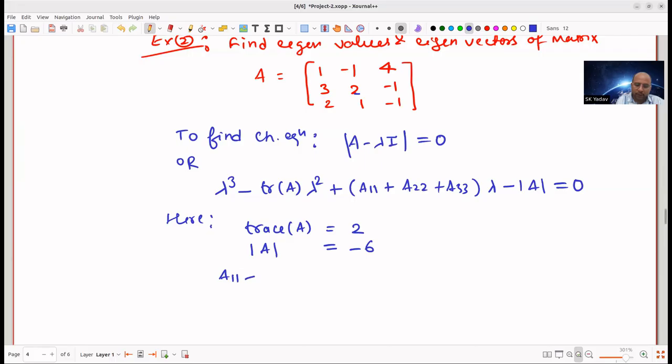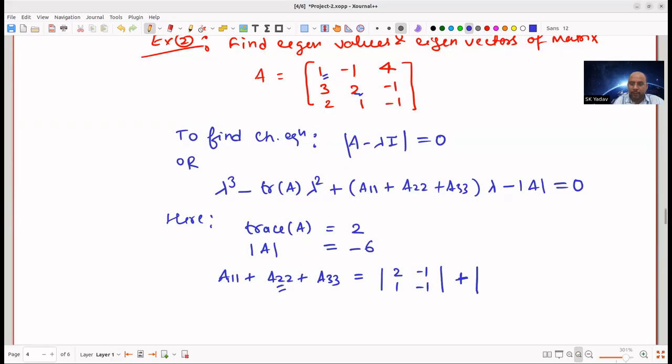So A11 plus A22 plus A33 will be, so principal minor means minor of the first element. So this one is the first element. I have to delete the row and column passing through this element to get the minor. So first row and first column deleted, so I have the determinant of 2 minus 1, 1 minus 1, plus second: for this one, I have to delete the second row and second column and then compute the determinant of the rest.